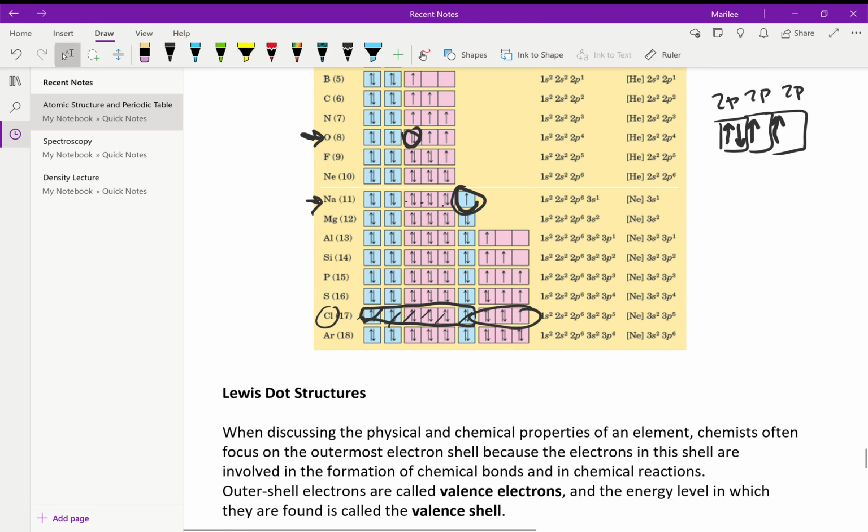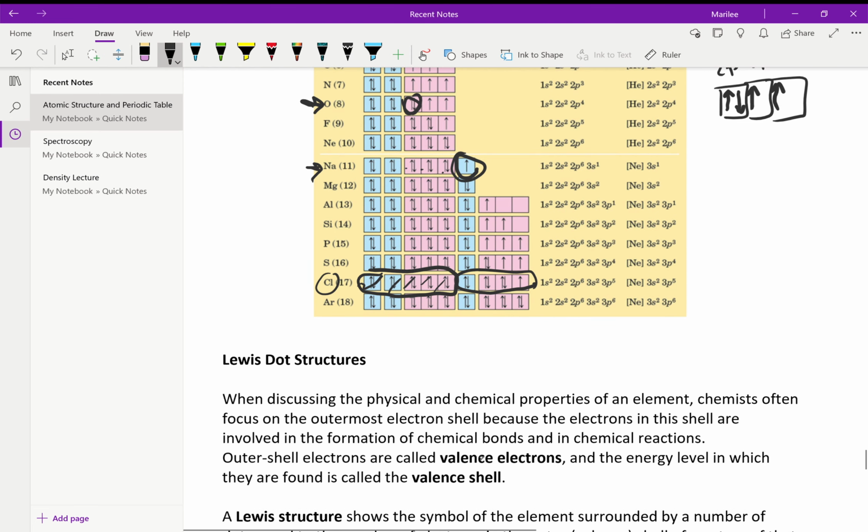I made a mistake here. The nucleus is this, and then the outermost shell is this. So we have the 5 in the pink, and then the 2 in the blue here. The 2 is the first shell that's filled, and then the 5 is the following.